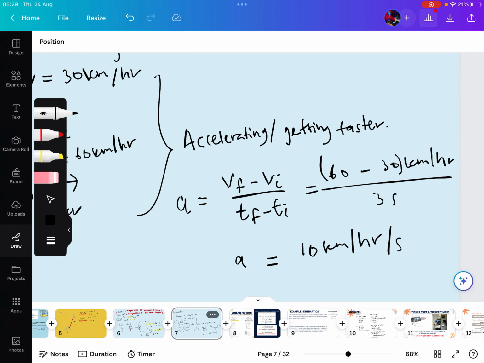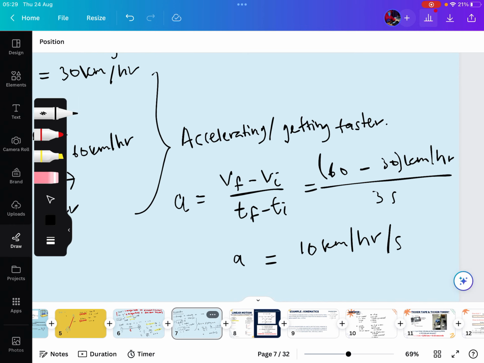Because this is just a demonstration to give you a better picture of acceleration, I just leave the unit like this. But actually you can change the seconds into hours so that the unit is uniform, so you will have kilometers per hour squared instead of kilometers per hour per second.